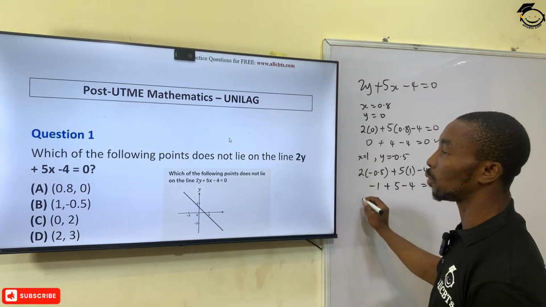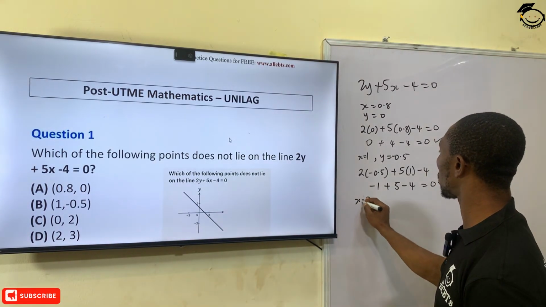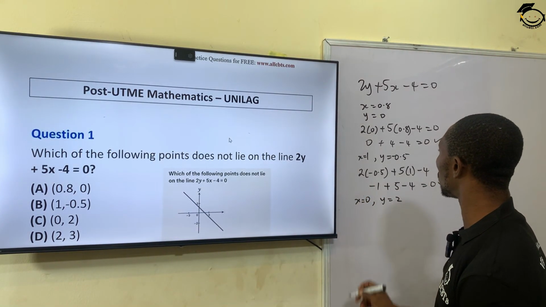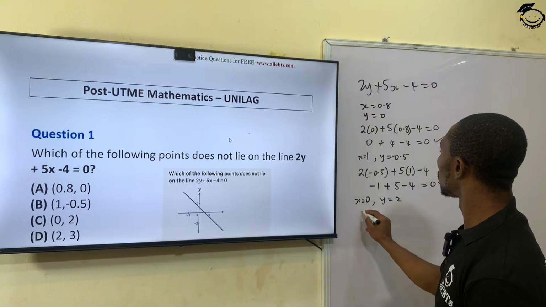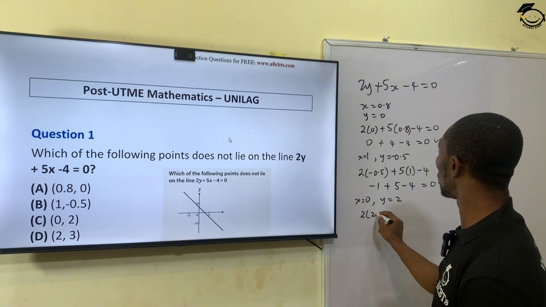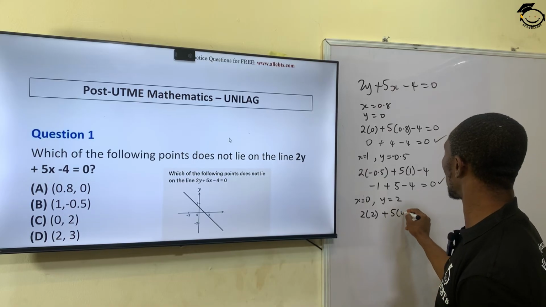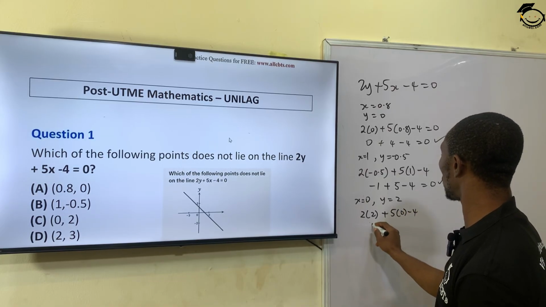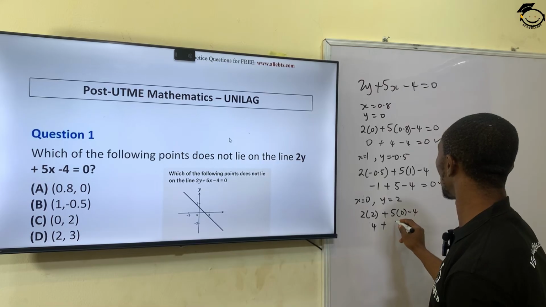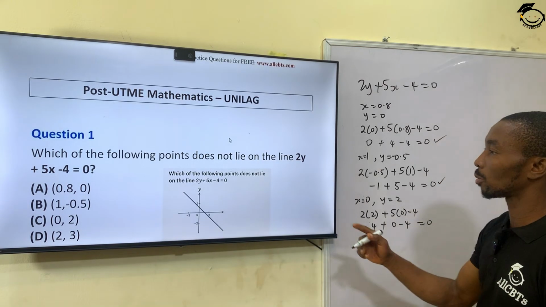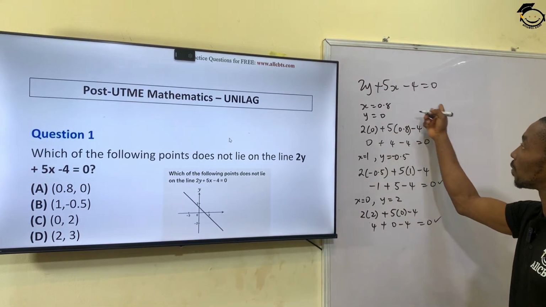So option C, where x equals 0 and y equals 2, would be 2(2) plus 5(0) minus 4. So 2 times 2 gives us 4, plus 5 times 0 is 0, minus 4, which gives us 0. That means option C also lies on the line.